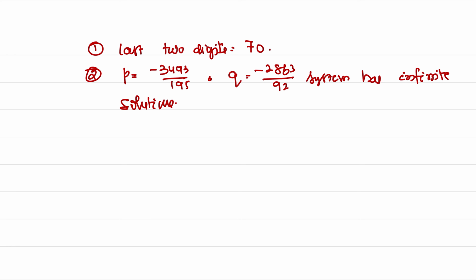With this, I want to conclude this lecture. This lecture was a little bit long, but I have explained to the maximum extent possible with clarity on number theory, last two digits question, and also to find P and Q for a system of simultaneous equations to have infinite solutions.